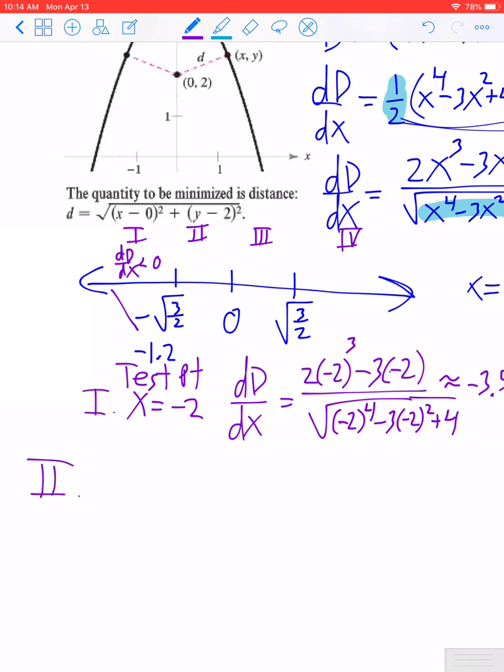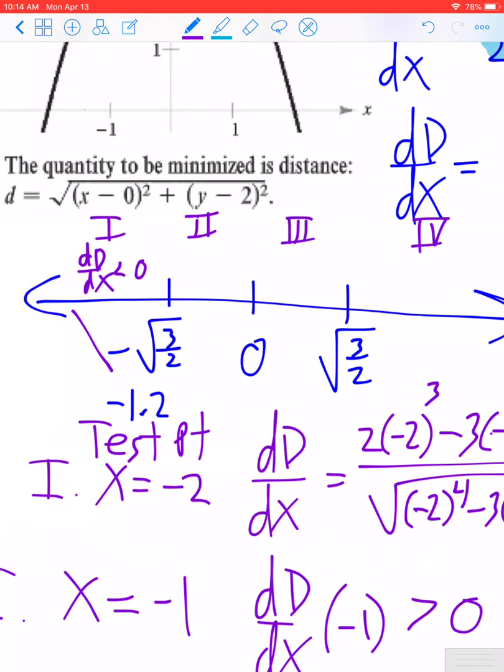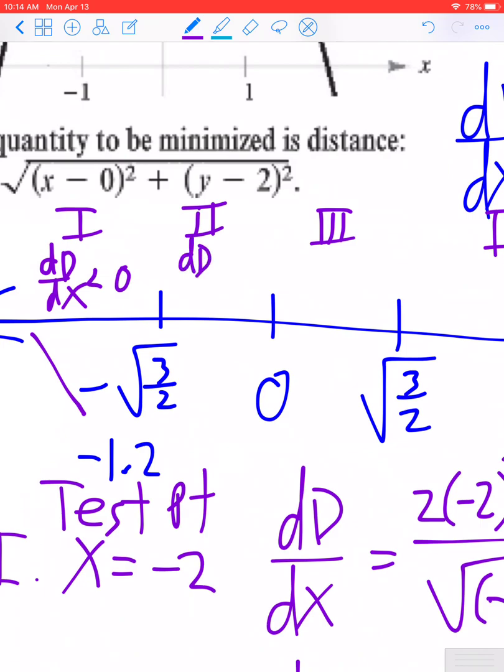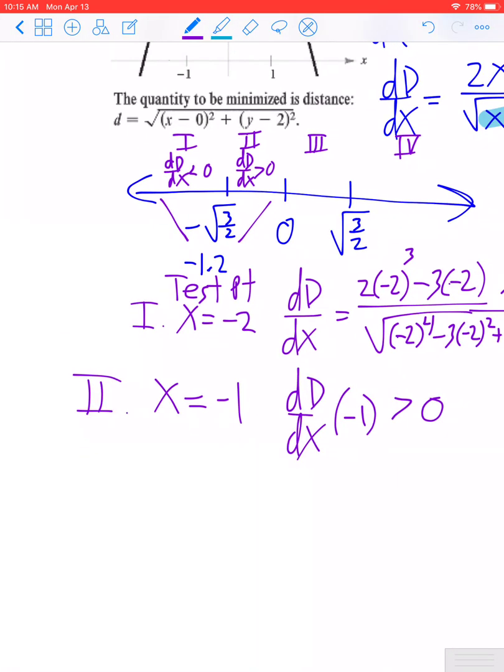I'll kind of skip to the chase here, but if you do a test point in region 2, for example, negative 1 would work great there. dy/dx evaluated at negative 1, I guarantee when you work it out that should be greater than 0. So dy/dx is greater than 0, which means that the function is increasing. In region 3, we can use the test point x equals 1.